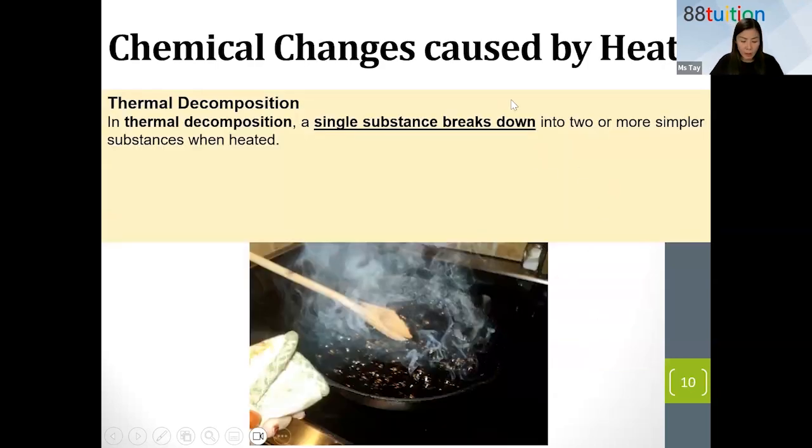Under thermal decomposition, a substance breaks down. Take note, thermal refers to heat. In primary school, you always talk about heat, but in secondary school you will hear a lot of your teachers mentioning thermal. They will say don't use the word heat.